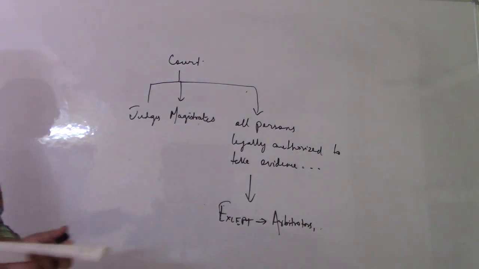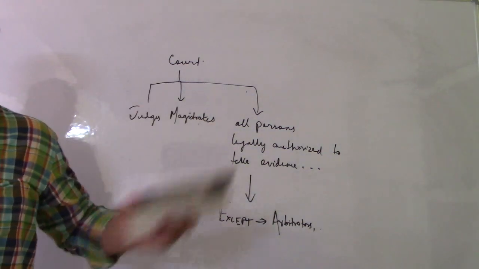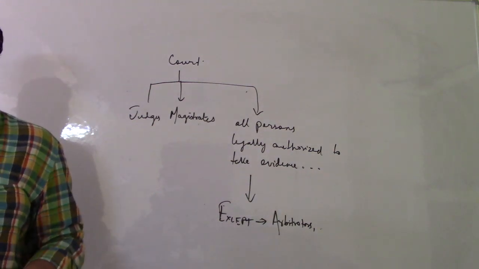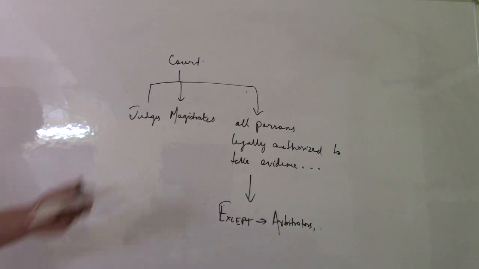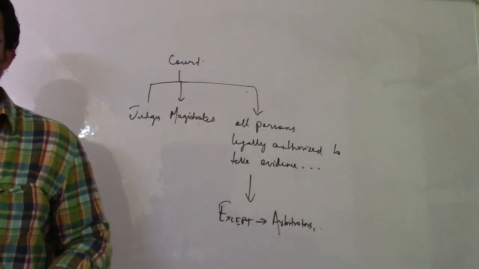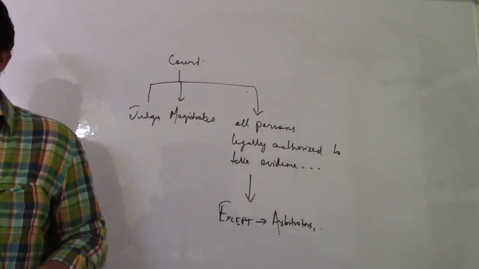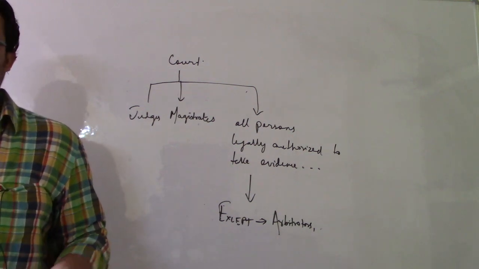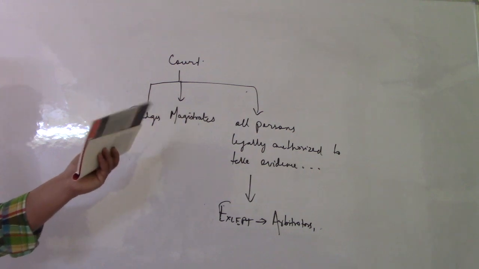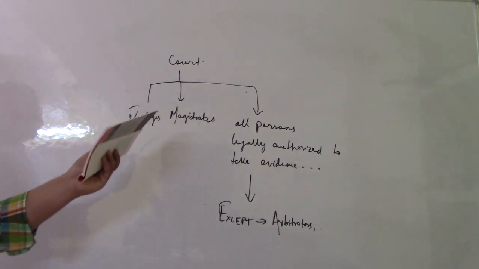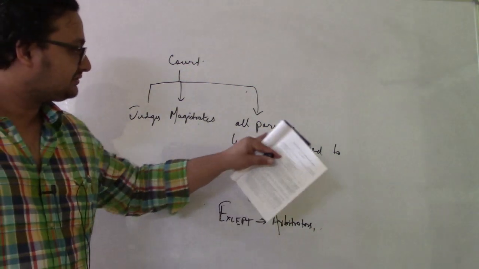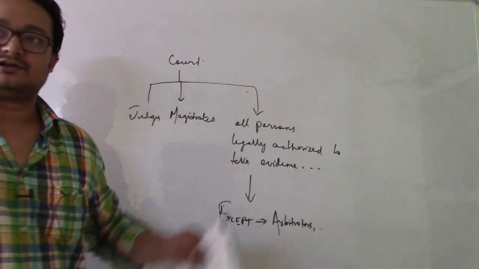Now can you tell me why over here it's mentioned judges and magistrates? They could have very well mentioned only judges. Why did they mention judges and magistrates? So because they both hold different powers. Very good, because we are using the word judges in the sense of civil law and magistrates in the sense of criminal law. Okay? And then all persons legally authorized to take evidence.